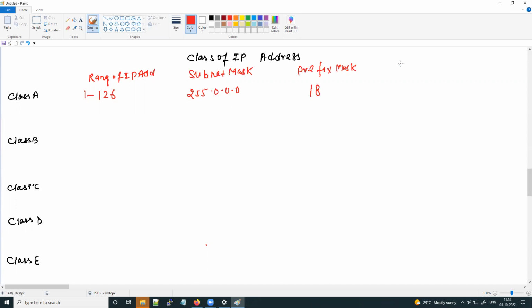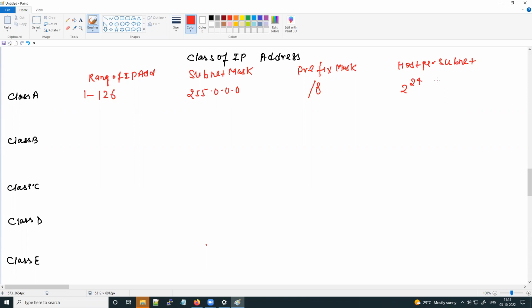Number of hosts per subnet. This is the /8, and number of hosts per subnet is 2 to the power 24.